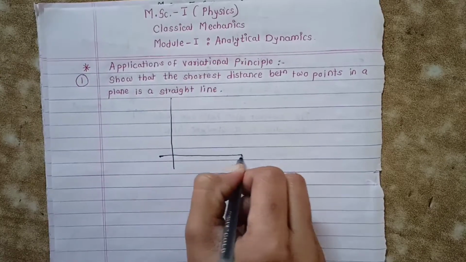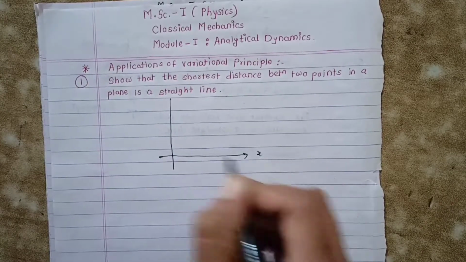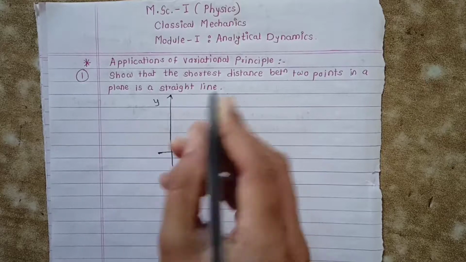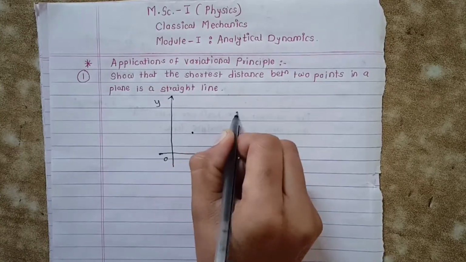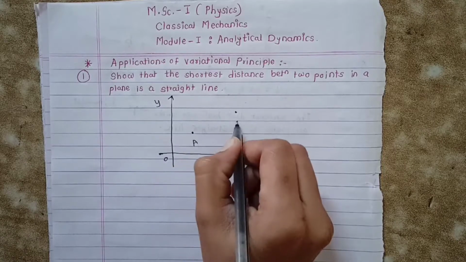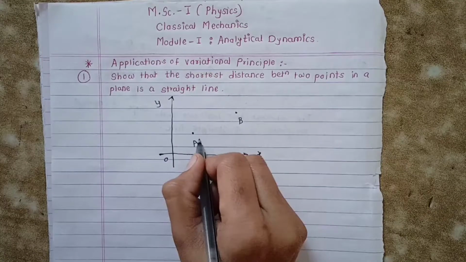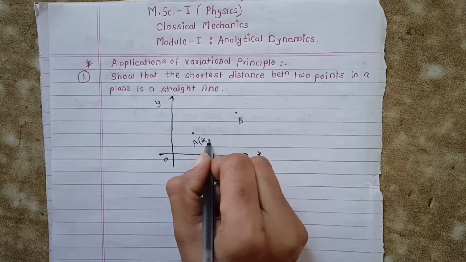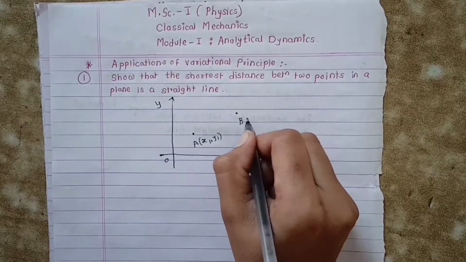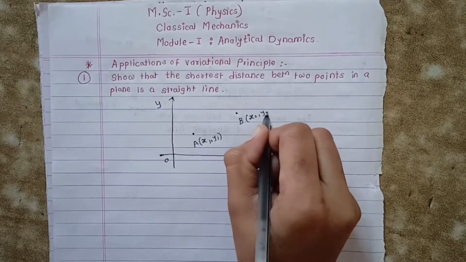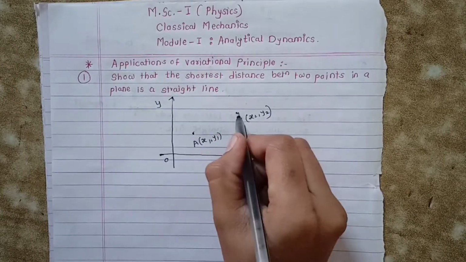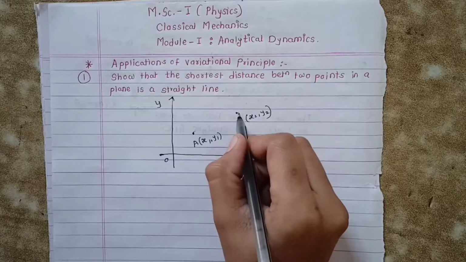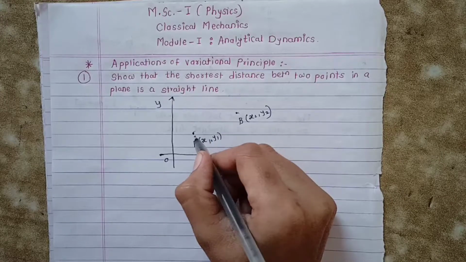Suppose this is the x-axis, this is the y-axis, and we have 2 points, A and B. A has coordinates x1, y1, and B has coordinates x2, y2. Now we have to find the shortest distance between these 2 points, and it is nothing but the straight line.